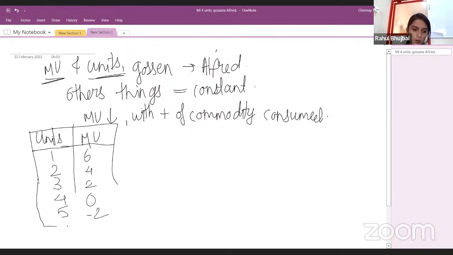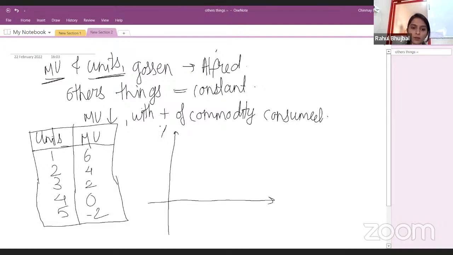So what we can explain is that marginal utility goes on decreasing. When is marginal utility decreasing? When more units of commodities are being consumed. Which is the x-axis and which is the y-axis? Horizontal is x, vertical is y.